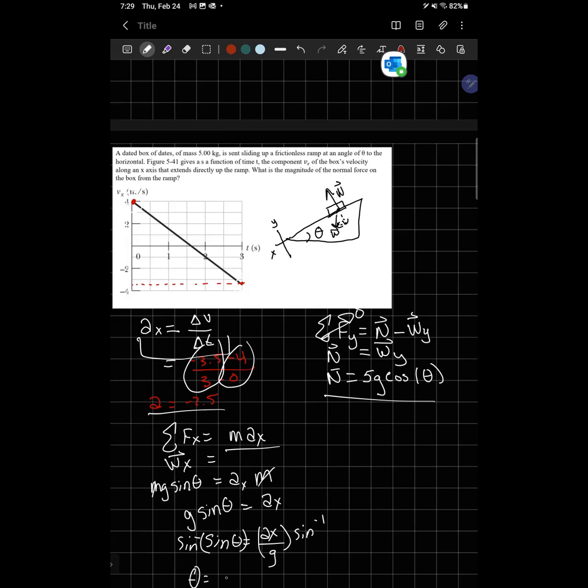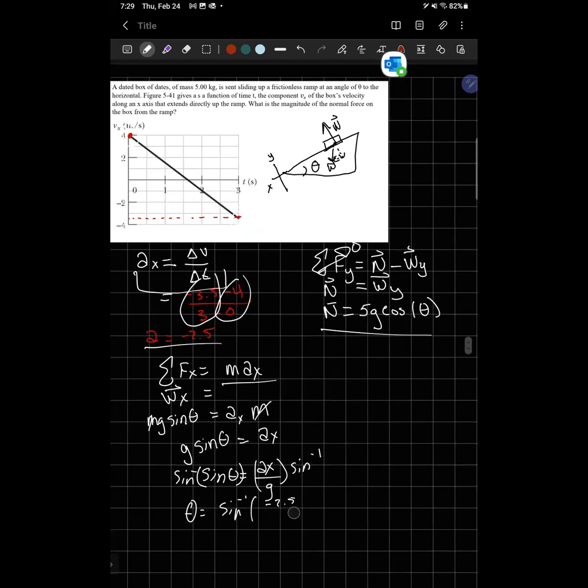Theta is going to be equivalent to sine inverse of negative 2.5 divided by 9.8. That's going to give me a theta of approximately negative 14.77.